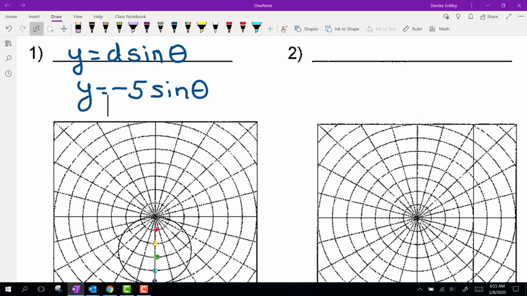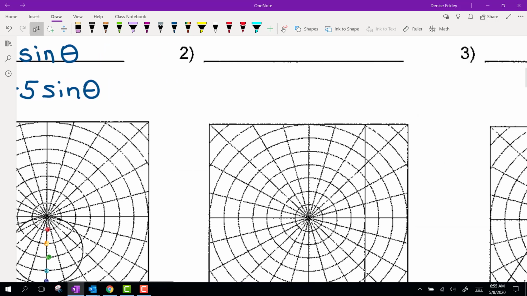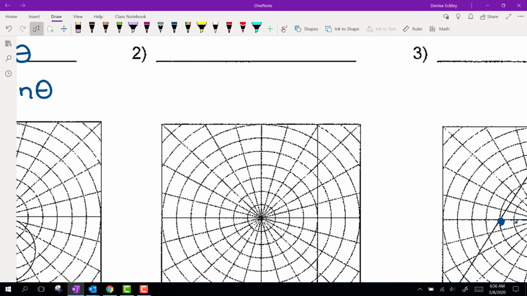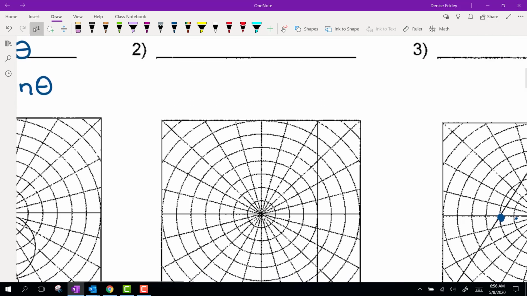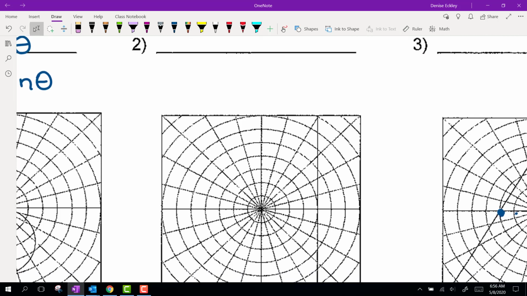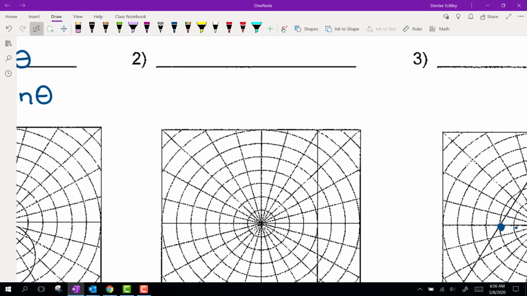The next one is a vertical line. And we learned in one of our previous lessons, when we were converting from rectangular to polar and back again, the vertical lines are normally x equals a constant, but when we convert it to polar, we get a secant equation.